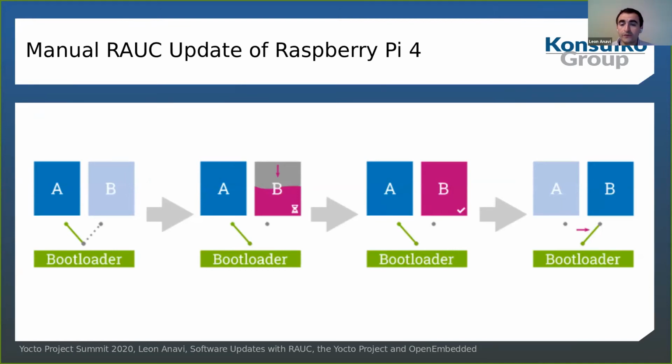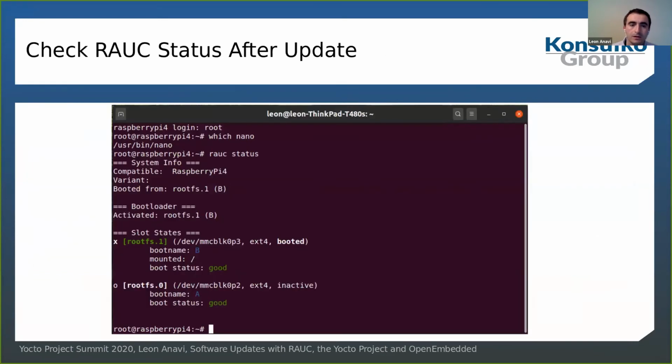After that, we are rebooting when this is done. And finally, the bootloader is responsible for booting the B partition, of course, if everything is okay. And if something goes wrong, we still have the A partition. So as a fallback, it's still a bootable partition. This reduces the risk of having a bricked Raspberry Pi or embedded Linux device.